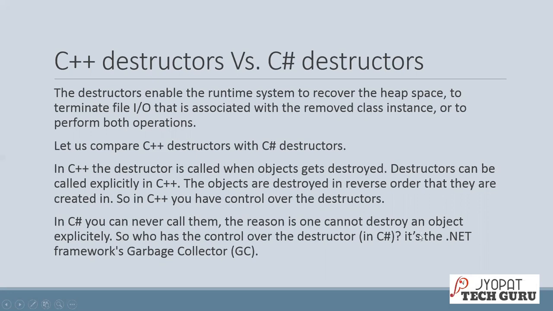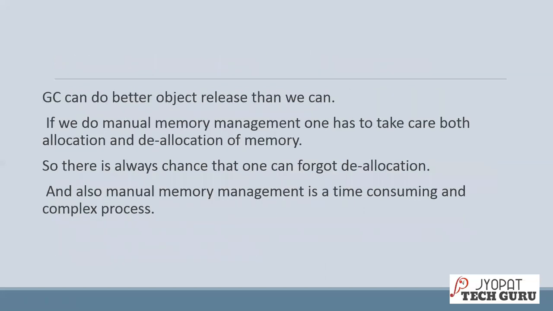So who is going to control the entire .NET framework? Your CLR is going to have a lot of responsibilities, and one of the responsibilities it is handling is memory management. So the .NET Framework Garbage Collector does all the things connected with memory management. Garbage collection can do better object release than we can.